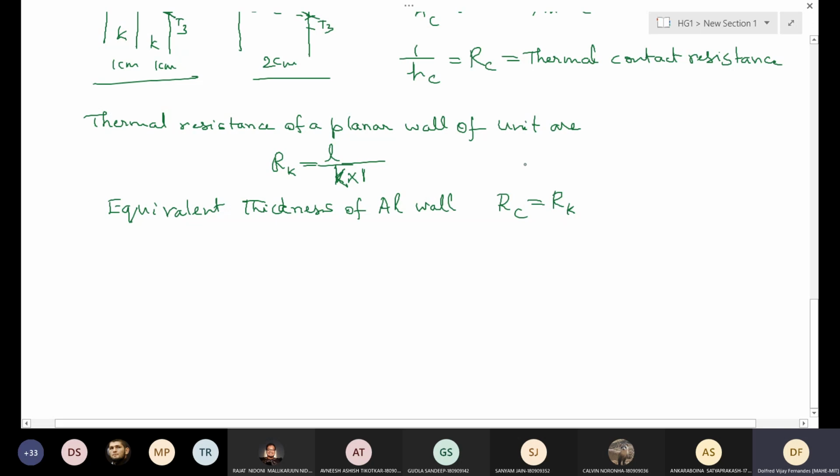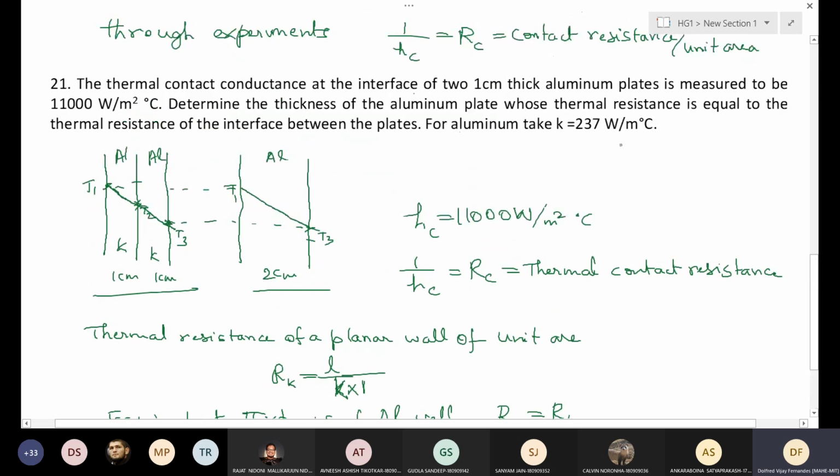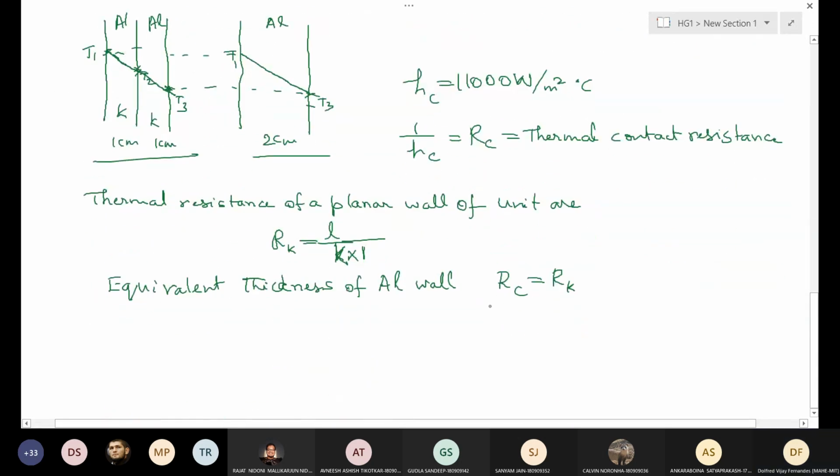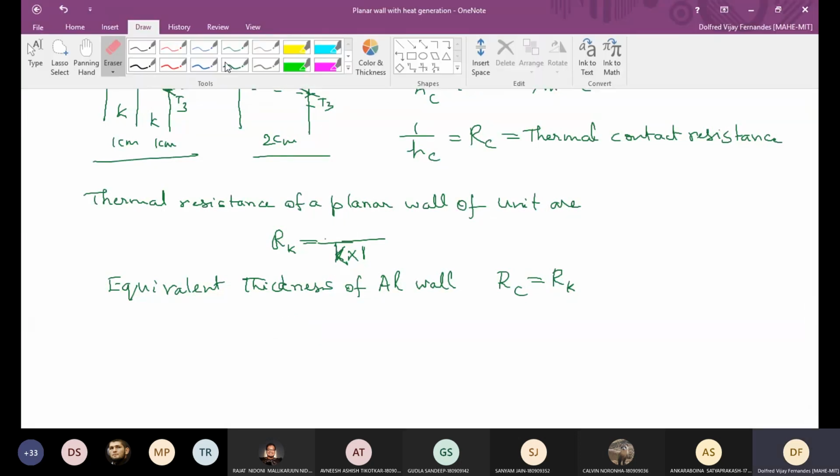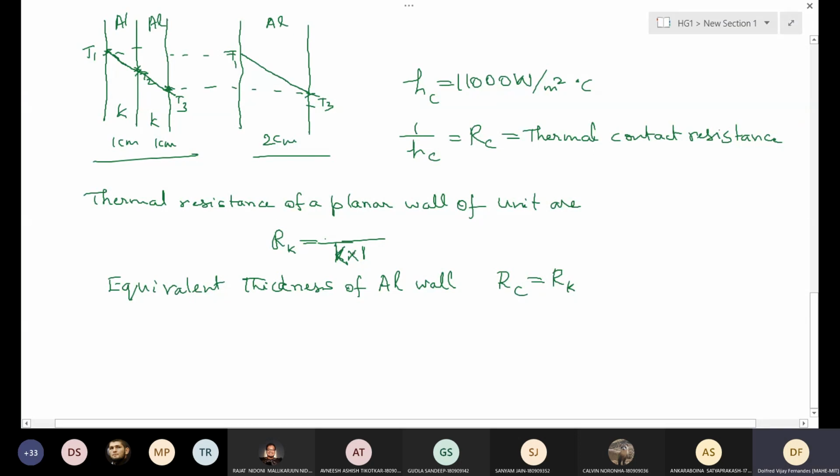Okay, thermal conductivity is given in the question, I think 237. So we can substitute. So L, using capital L. So we used capital L probably before. So R_K equal to R_C.